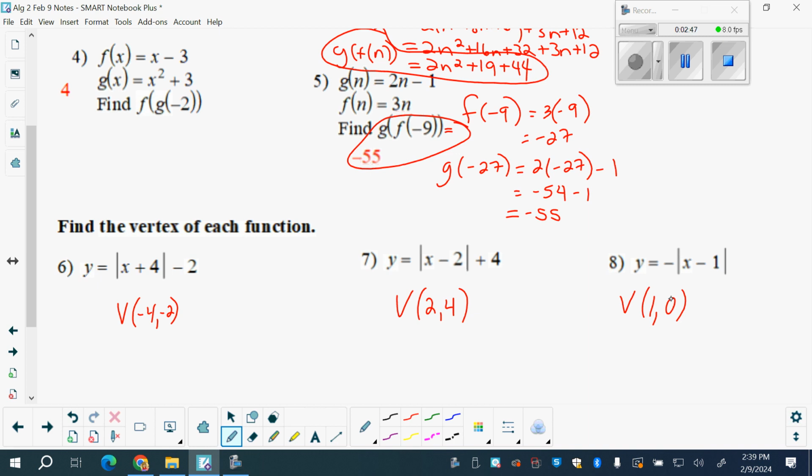But they were in factored form that we graphed them. So that's a parabola. So what's my exponent on my x? 2. So that's a parabola.